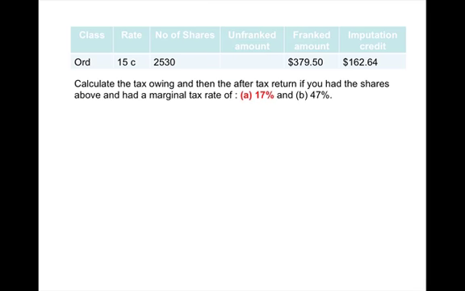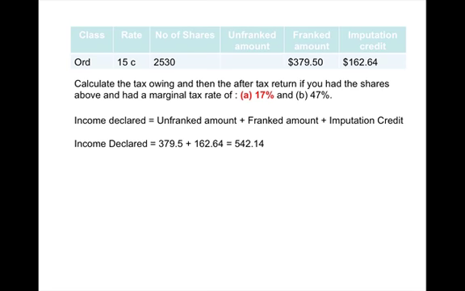Let's have a look at the question. Calculate the tax owing, and then the after-tax return if you have the shares above, at a marginal tax rate of 17% for A and then B at 47%. So let's look at A first. The income declared is how much money that it looks like you have earned. So it's the unfranked amount, add the franked amount, add the imputation credit.